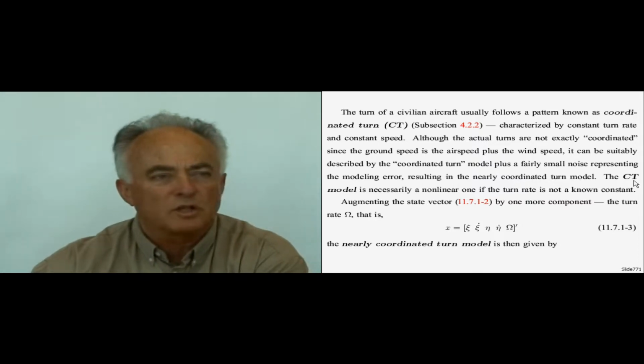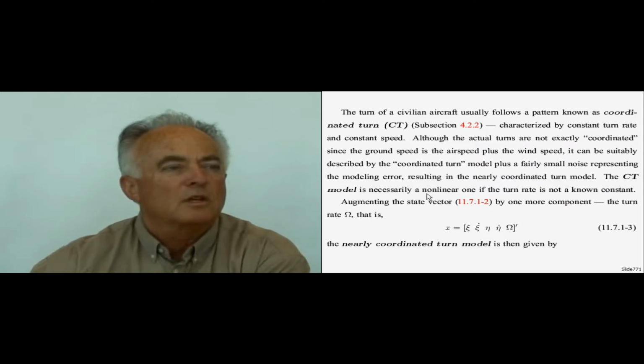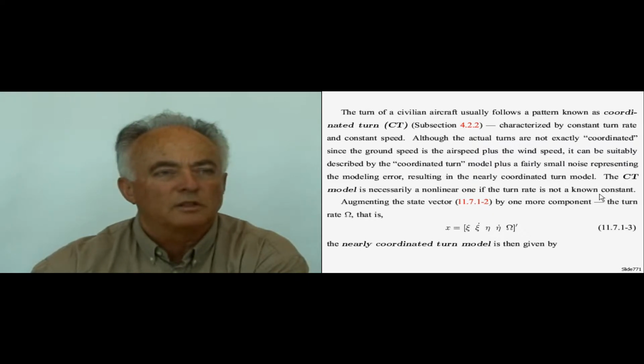We still call it CT, but it's really a nearly coordinated turn model. It is going to be a nonlinear one because we don't know the turn rate. It's not a known value. So we will have to augment the state vector consisting of psi, psi dot, eta, eta dot by omega, the unknown turn rate.